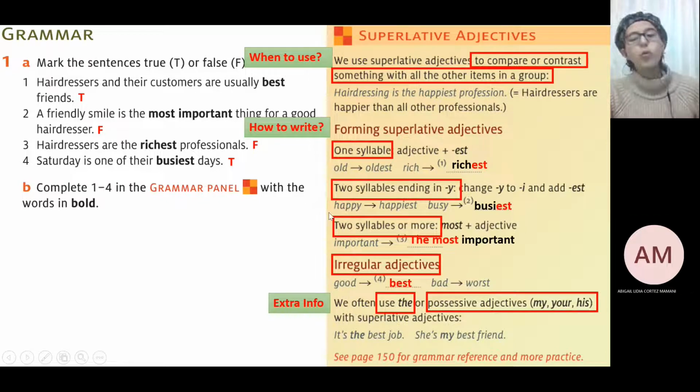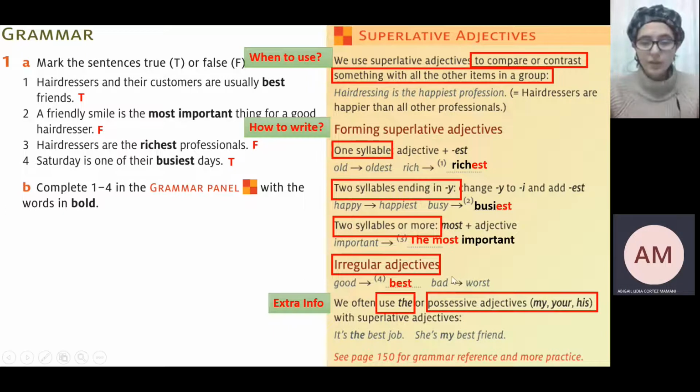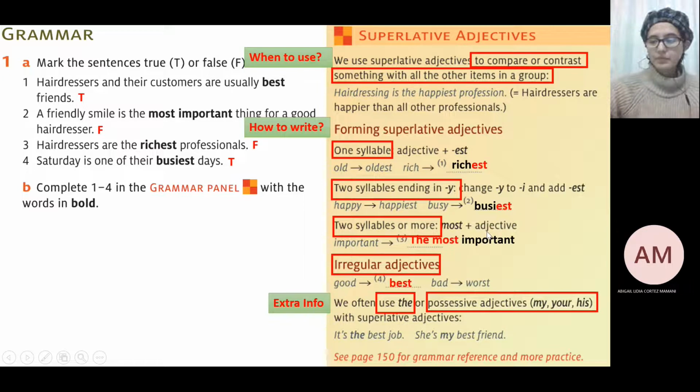More than 2 syllables. We're going to add the word most. Here I wrote the most, because it's important that you remember also the article the.